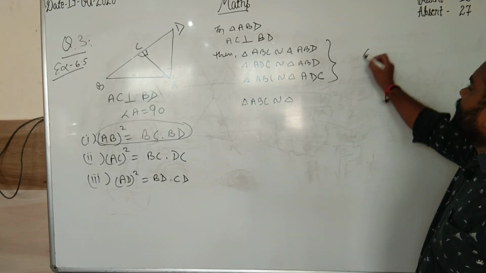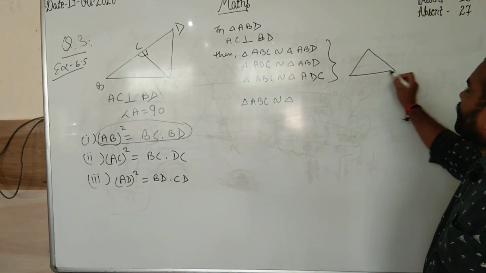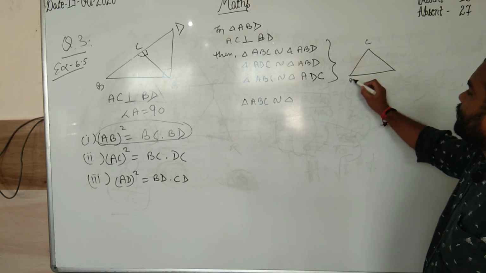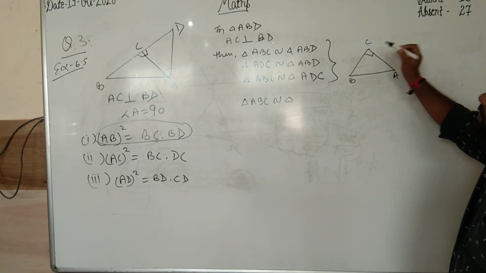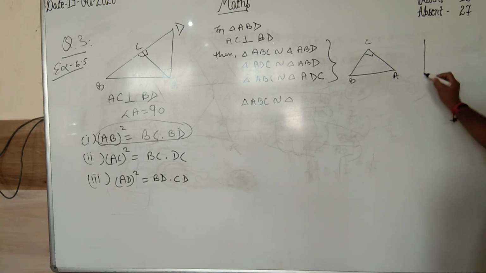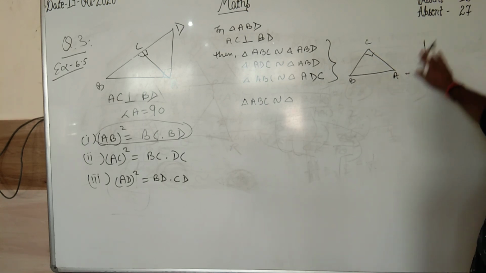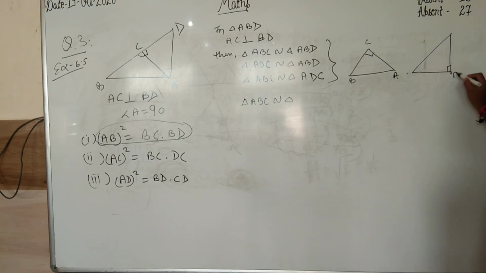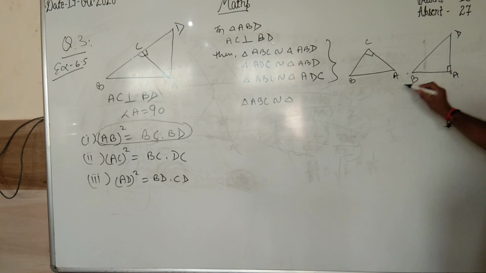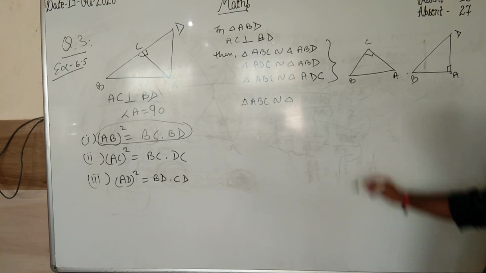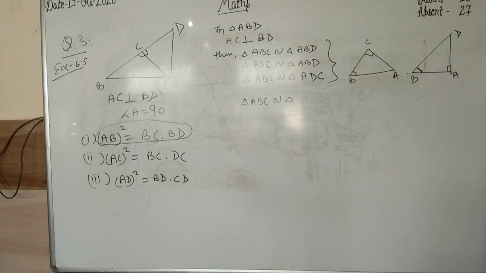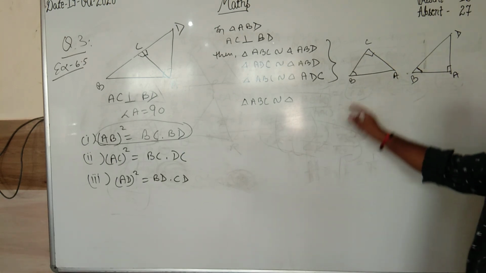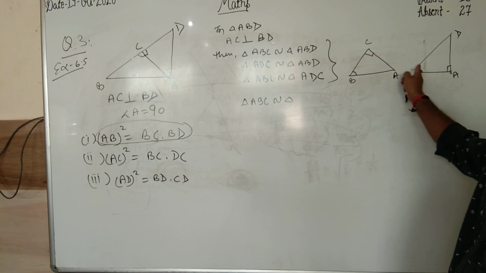Wait, just draw a rough figure here. Here it is C, BA. Okay, in which this angle is right angle, and this is also a right angle. Here it is A, this is D, this is B. If you see, this angle B is common in both the cases, and this angle is right angle.